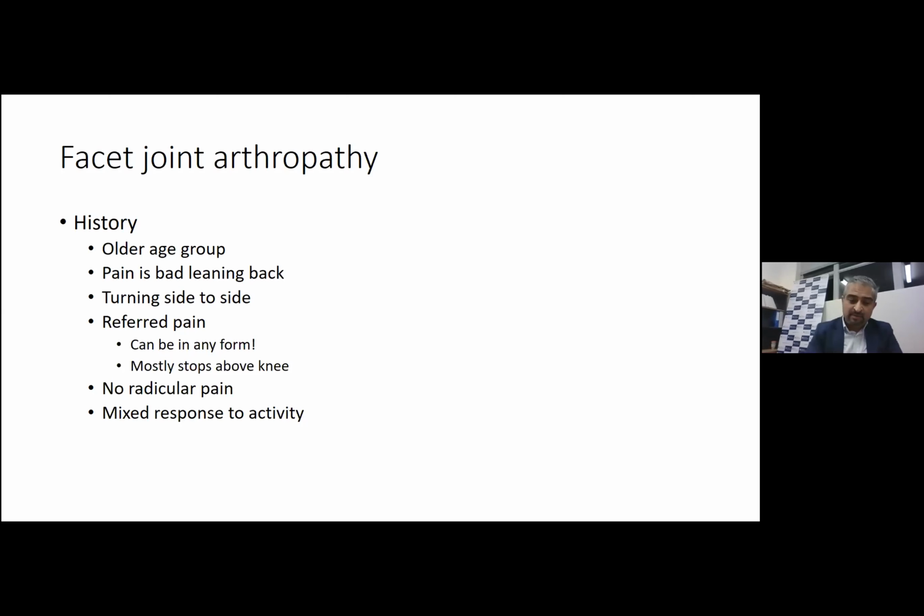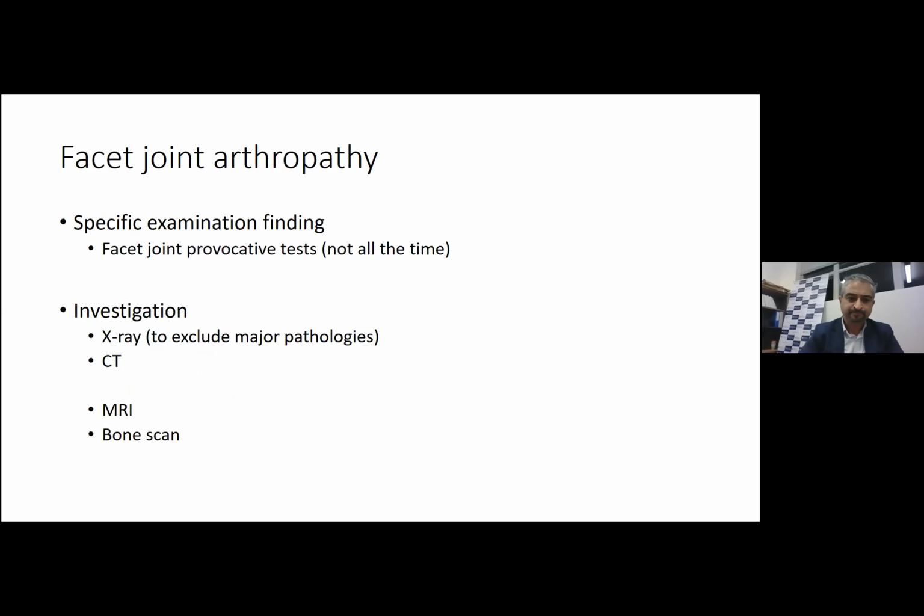Leaning backward can be painful for them. And sometimes they tell you that the pain goes down the leg. It's very typical, most of the time, that referred pain stops by the knee. So that question is important: does the pain go down to your foot, which looks more like nerve root irritation, or stay around the knee, which is probably referred pain?